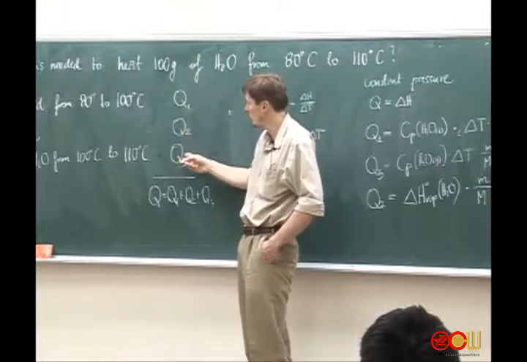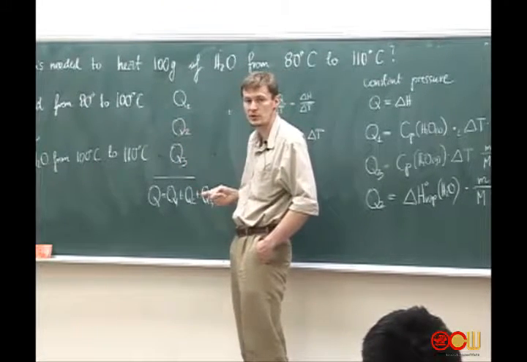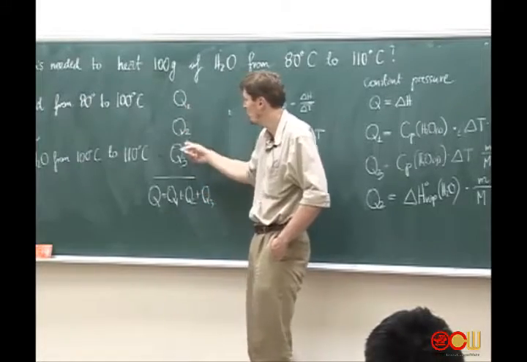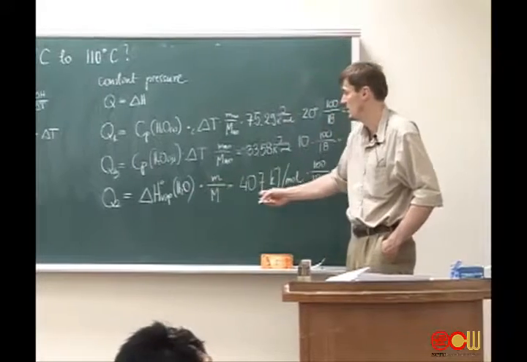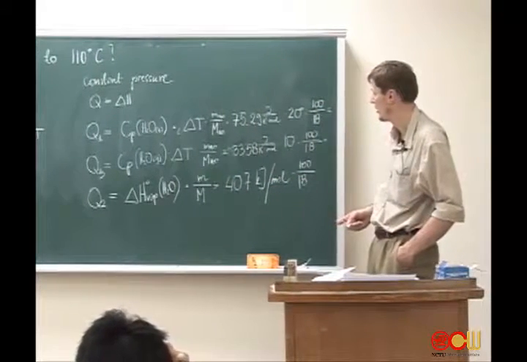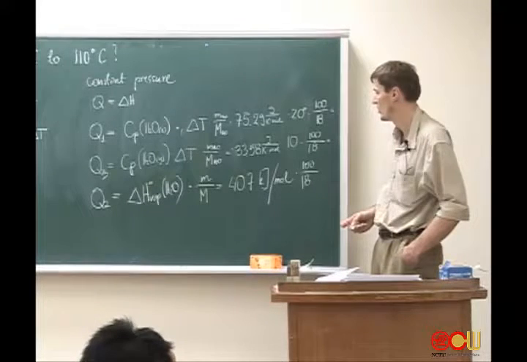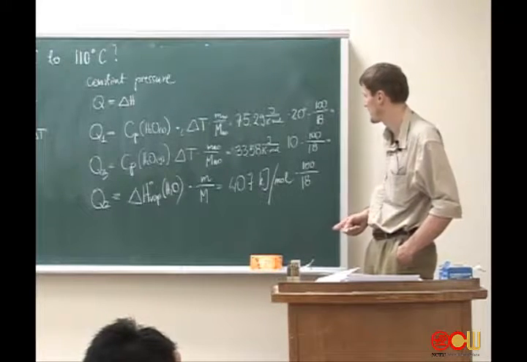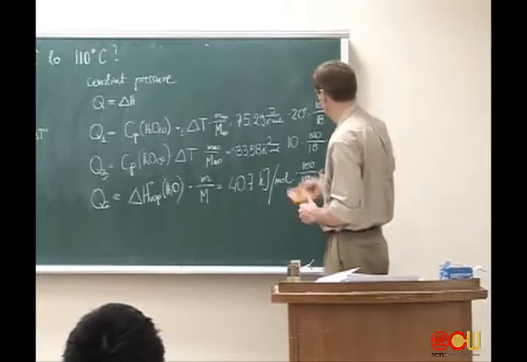If you really don't have time to calculate, you can skip the others and you still get an almost correct answer. There will be very small corrections to this Q2. Q2 is probably 98% of the total answer. Well, maybe even 99. Good, so this is one of the examples.